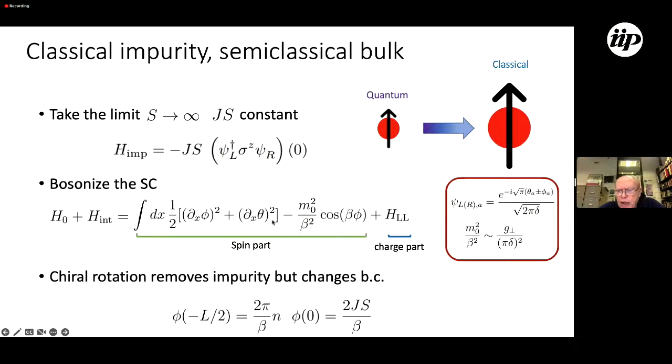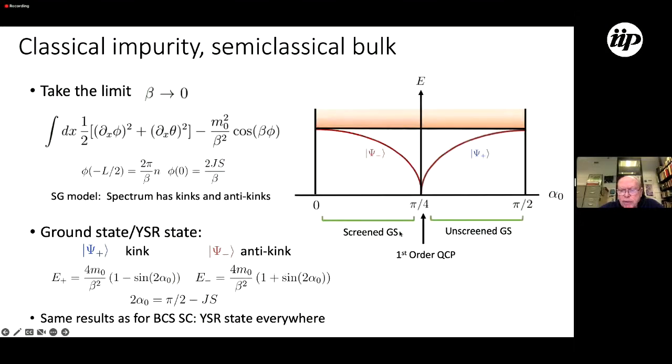When we bosonize it, here are the usual bosonization formulas and the relation between the parameters in the original theory, where G perp goes like m naught over beta squared here. And this is the spin part. And there is a decoupled charge part, which is gapless.